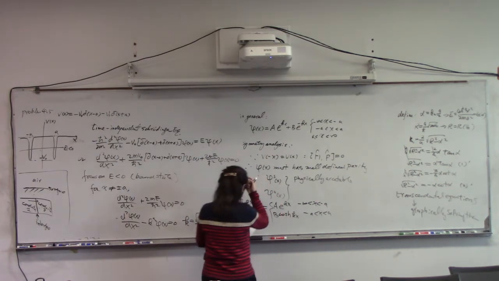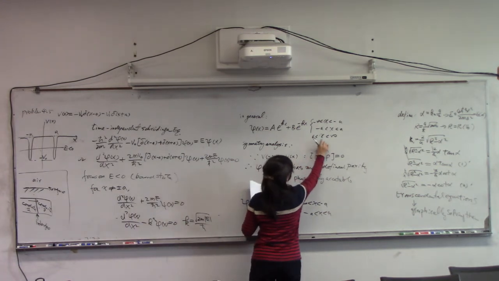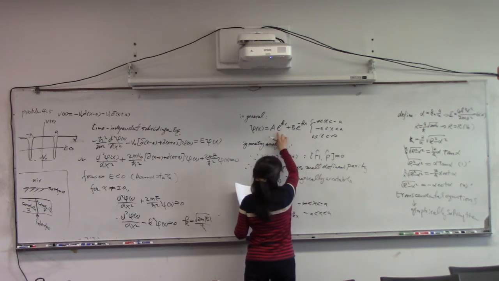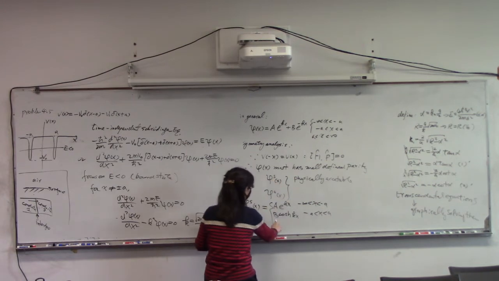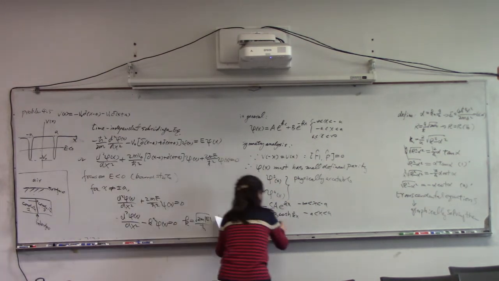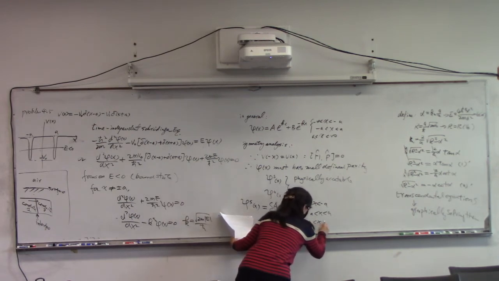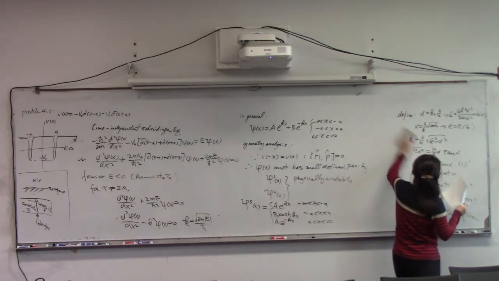So now for the symmetric case, for x larger than a we take this one, not this one, since this one diverges, right? So that is A e^{-kx}. That is the first symmetric, even function.